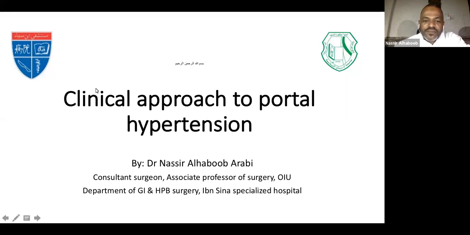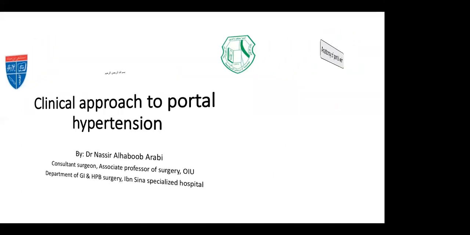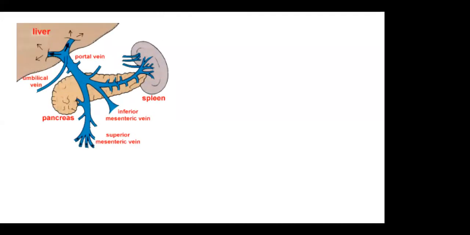And this is time to start one of the major topics that I've tried to summarize regarding portal hypertension. Just a few points regarding the anatomy of the portal vein.